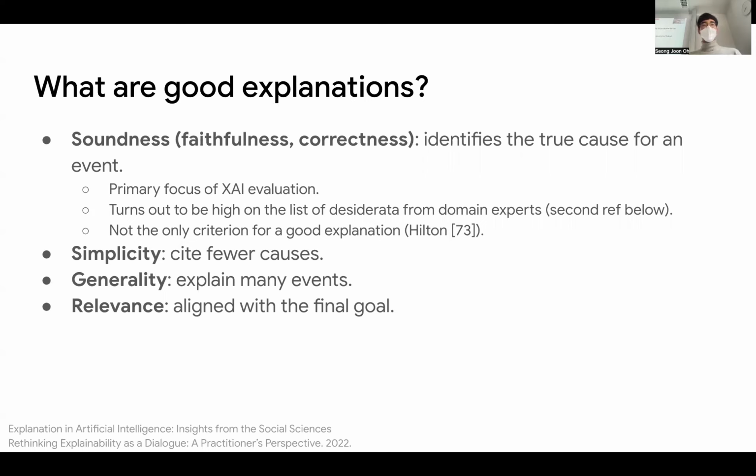So now it's the same kind of question, right? How do we explain to each other? And now, what are good explanations? What are the conditions for good explanations? So here we are trying to map what we have been talking about in terms of more refined terminologies that a lot of people in the XAI field use.